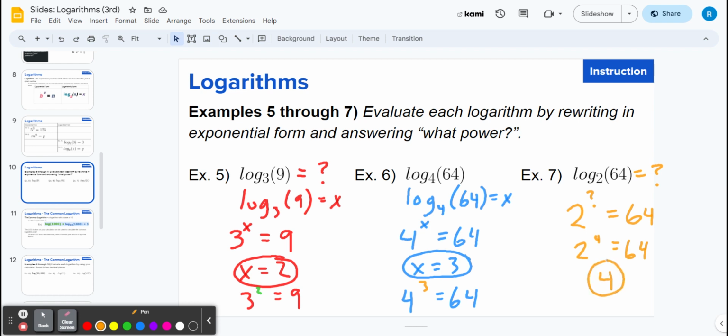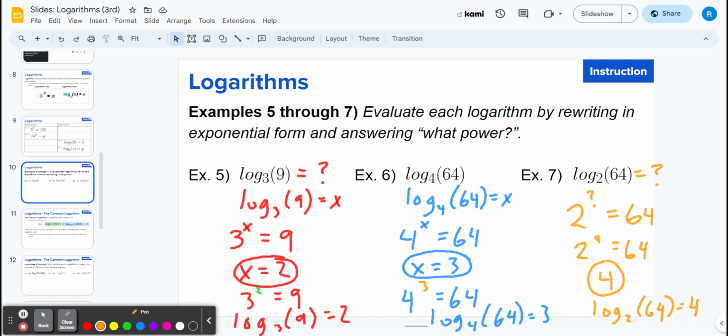And in all these cases, we're evaluating the log. So I'm going to write one more step below. Log base 3 of 9 equals 2. The log base 4 of 64 equals 3. And this last one in orange, the log base 2 of 64 equals 4.